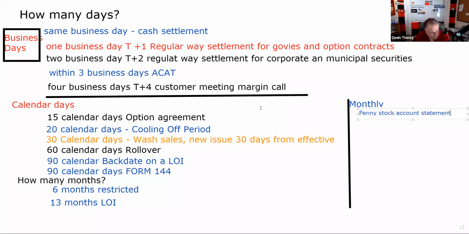What else would be a monthly thing? Ginnie Mae's, test question, pay interest and principal monthly. They're the only ones that do that, right? What would be quarterly? So let's put what would be quarterly. And again, quarterly would be statements, account statements.